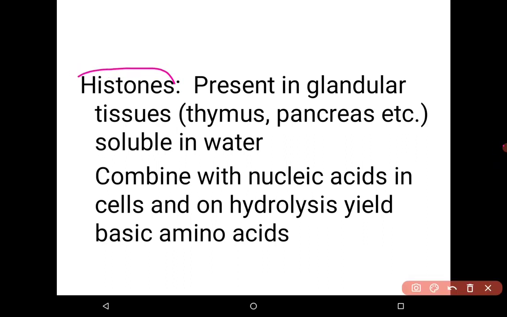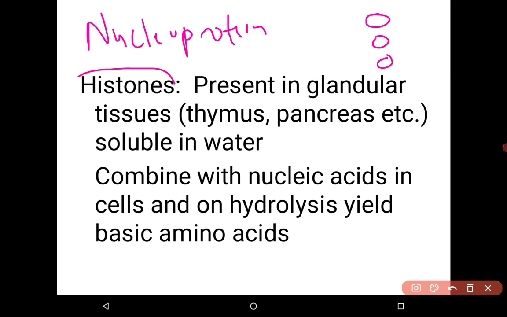What we mean by nucleoprotein is that it is made up of a nucleic acid and proteins. So you have these proteins called histones, and the DNA wraps around them, forming something like beads. You can find them in tissues such as the thymus and the pancreas, and these also fall under the soluble proteins because they're soluble in water. So we're still looking at solubility.